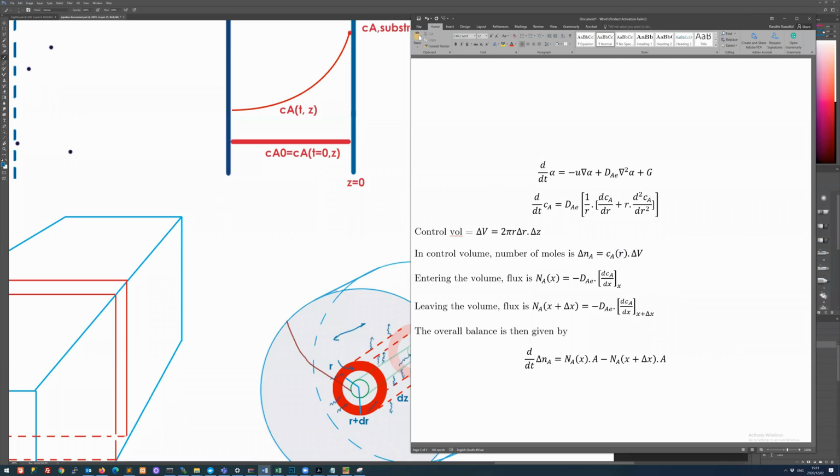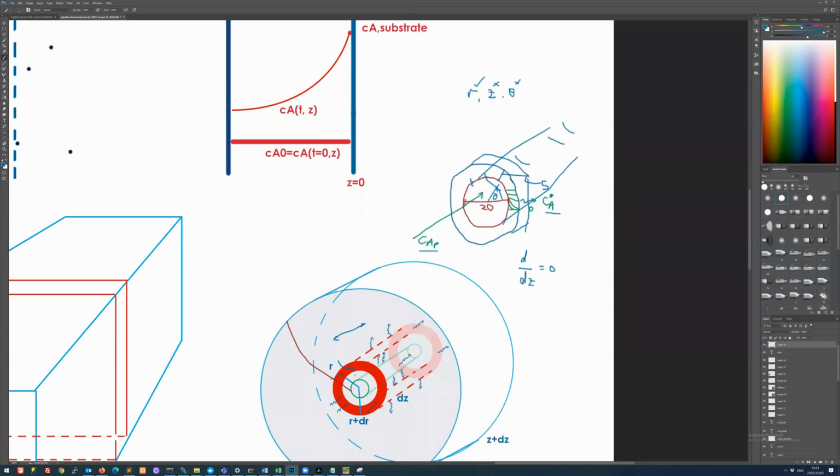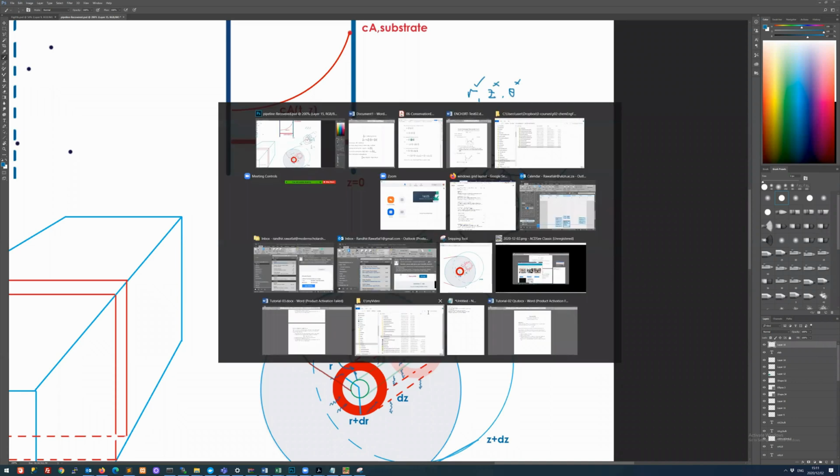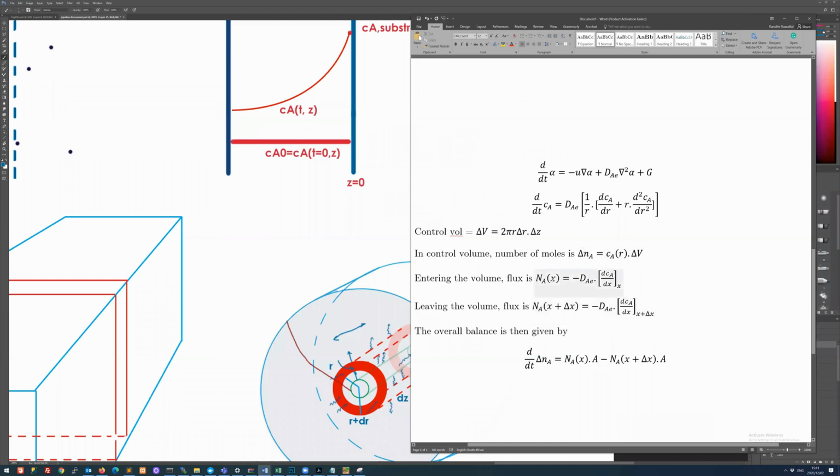So that's there. And then we've got diffusion in at this face and diffusion out here. Diffusion in here is at R, and diffusion out is at R plus delta R. So we can write this as the molar flux of A at position R, and that's simply related to dCdR at the R position.